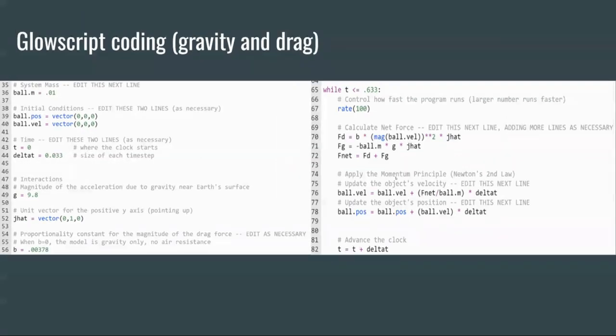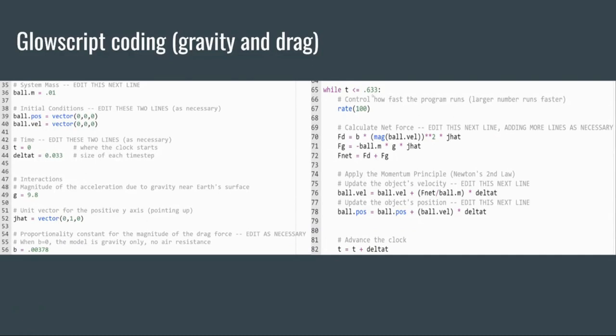And then here's our code sample from considering gravity and drag. So really the main difference is that we have a proportionality constant, which we got using trial and error to best match our experimental model.